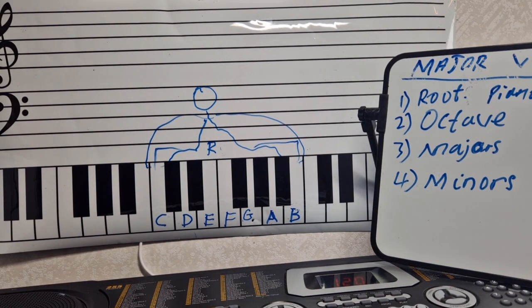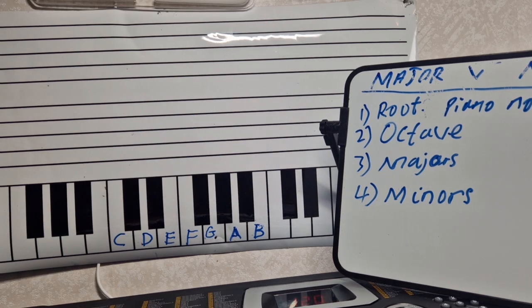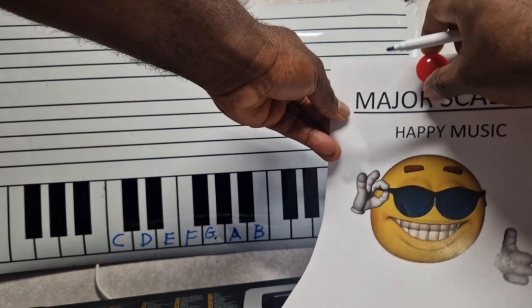so as I told you before, Western music is made out of 2 fundamental scales, which are the major and the minor scales. The major scale is a happy scale.